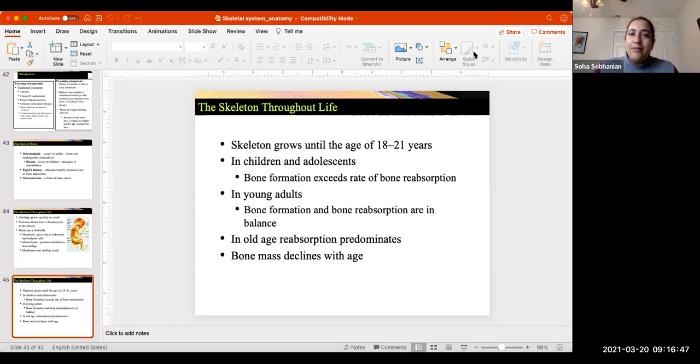So people who have osteoarthritis in later years do need to get surgery, which is basically replacing the joint. Anybody knows what's the most common joint that gets replaced in the body when we talk about osteoarthritis? Hip bone and knee, correct.